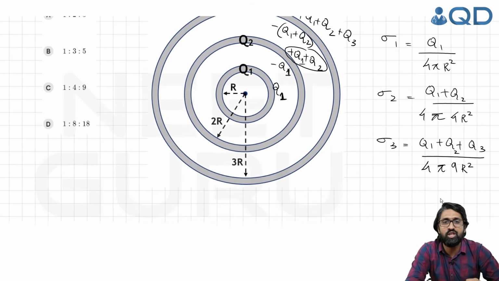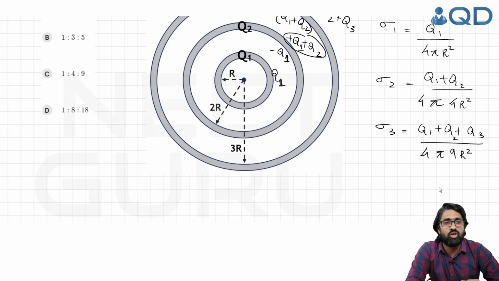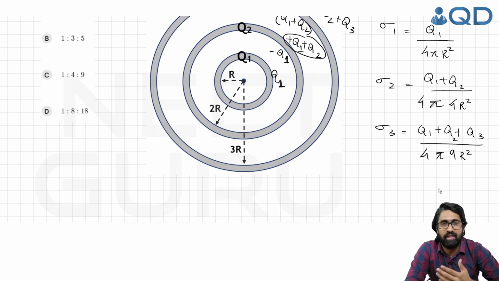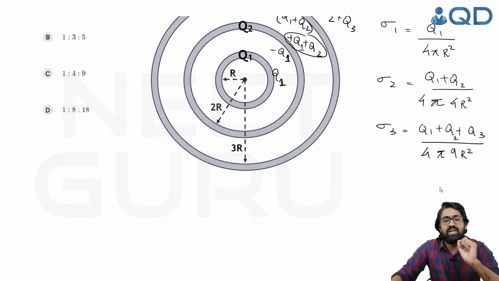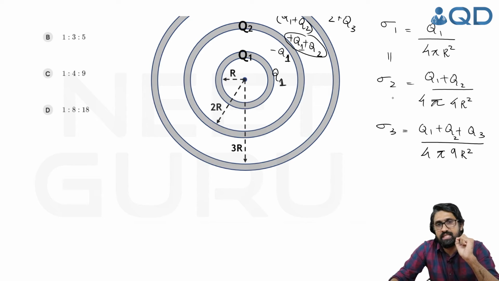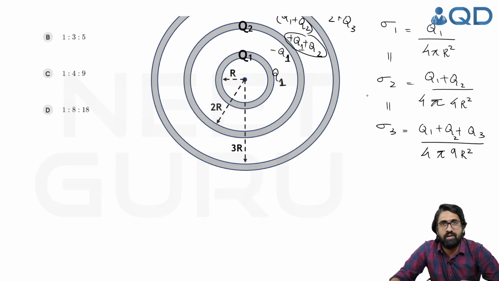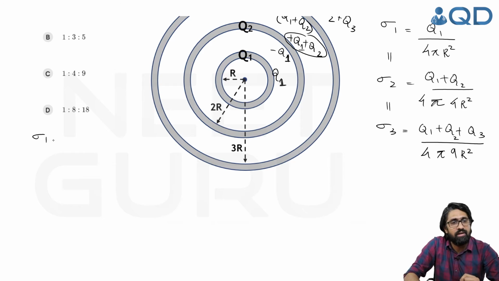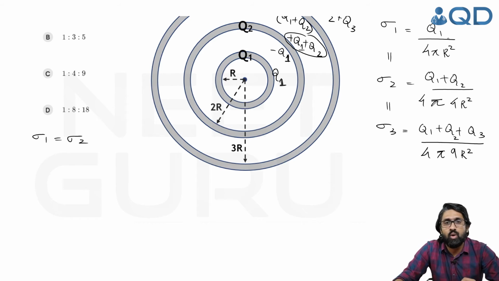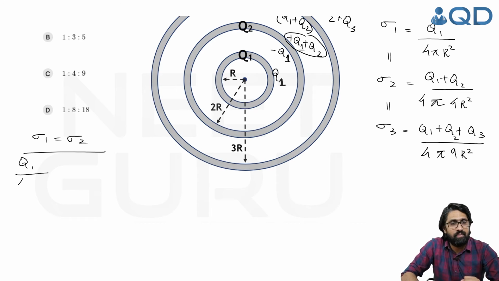Now, let's work on this. We need to find the ratio q1 is to q2 is to q3. We know that it is given in the question that the surface charge densities of all the outer surfaces of all the shells here are equal. In that case, I can say that sigma 1 will be equal to sigma 2, which means q1 divided by 4 pi r square will be equal to q1 plus q2 divided by 4 pi into 4r square.